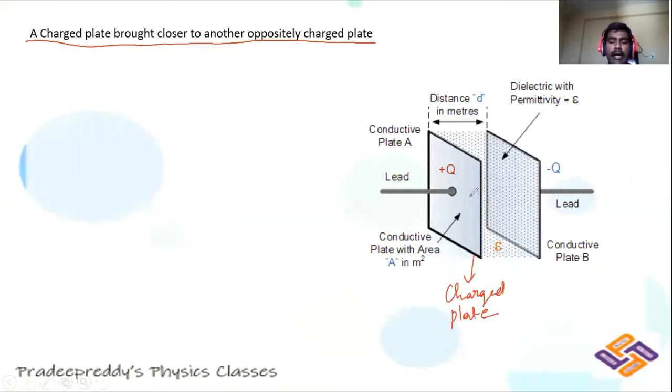As it is a charged plate, it has some electric field, and it also has some electric potential. What is its electric field? E is equal to sigma divided by 2 epsilon naught. This is on one side of this conductor. So on one side of the conductor, E is equal to sigma by 2 epsilon naught.